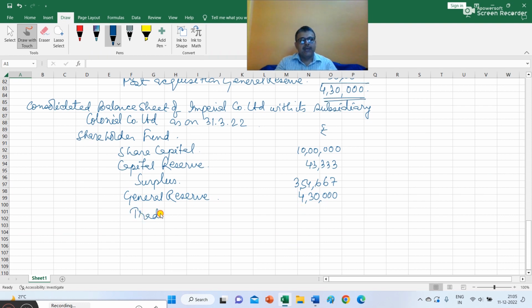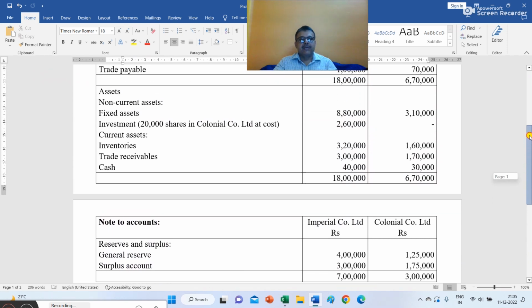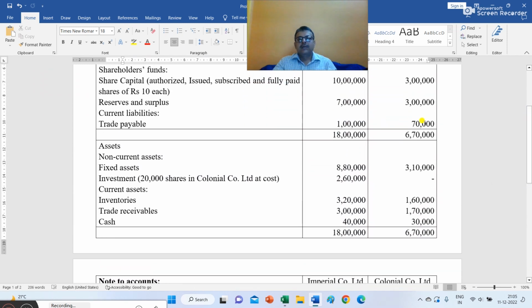Then the trade payable. The total trade payable of Imperial Company Limited and that of Colonial Company Limited is 1,70,000. So 1 lakh is the balance of trade payable for Imperial Company Limited, and that of Colonial Company Limited was rupees 70,000.